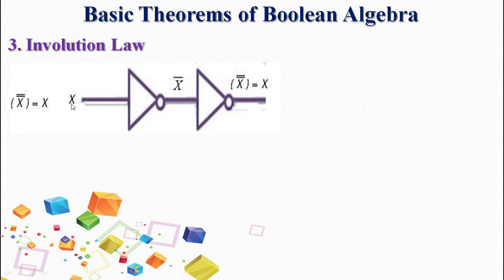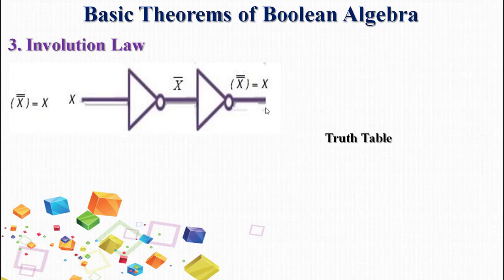So x is the input given by the input line. The NOT gate is used because we are implementing the bar here. So x is barred, you will get x bar. For that we bar it again by using another NOT gate. Then you will get x double bar. The two bars get cancelled, you will get an uncomplemented variable.